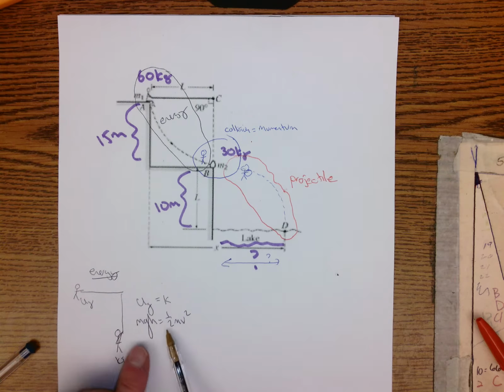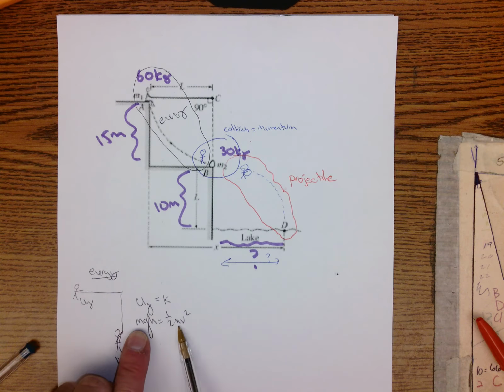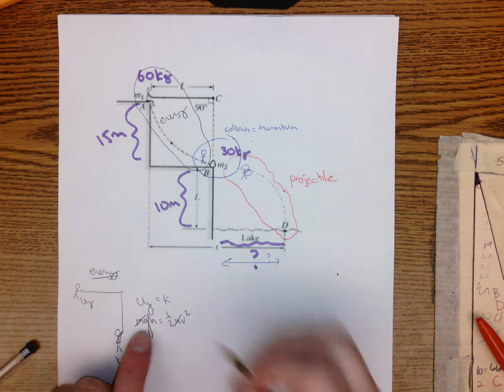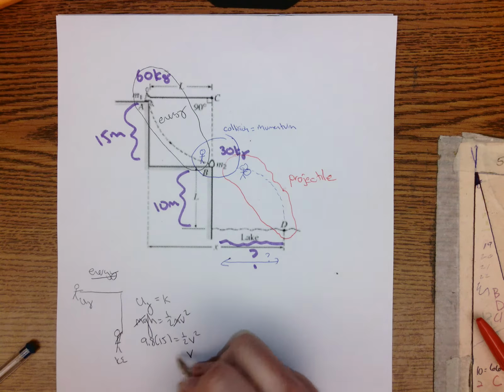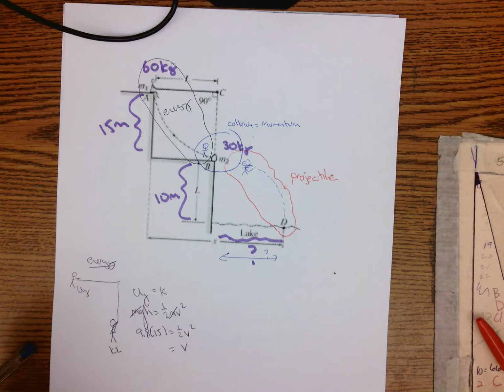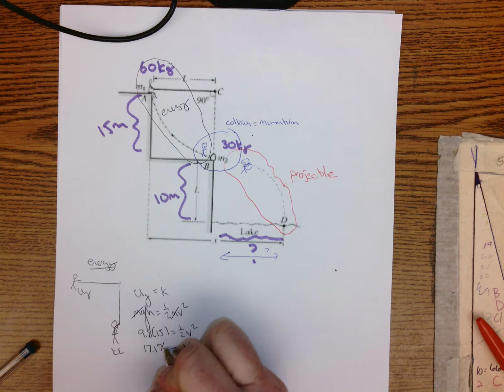I think about it, this is the mass of the guy, and that's the mass of the guy, so those two masses can cancel out. So I've got 9.8 times 15, because the height of the cliff is 15, equals 1/2 times v squared. And when I solve that, I will prove that v is equal to 17.1 meters per second.